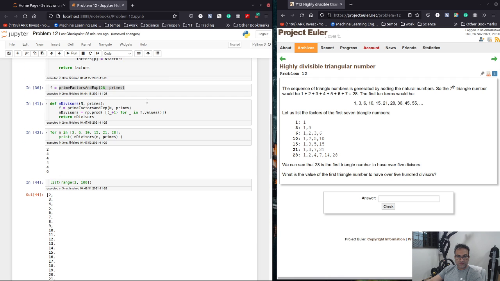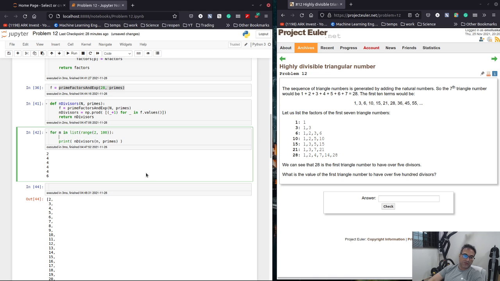Let's go to 100. And n equals int of m into m plus 1, like that, by 2.